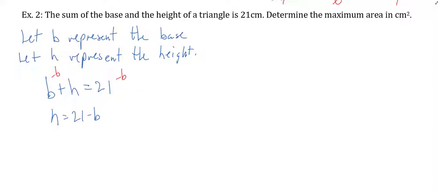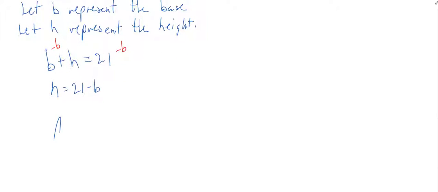Okay, so now I'm going to do area equals. What's the formula for area of a triangle? Who remembers? Base times height divided by 2. That's the one that everybody likes to use, but we're going to use a slightly different version because we don't want the divided by 2. So I'm going to do the 1/2, which is the same as dividing by 2, times base times height. We want that 1/2 out front.